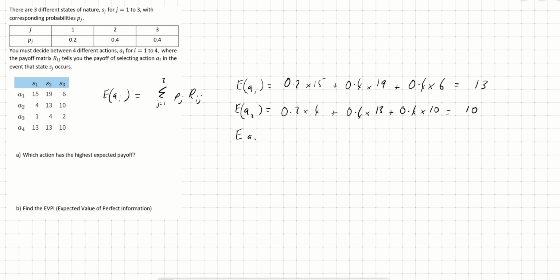Keep going for expected value of action 3. 0.2 times 1 plus 0.4 times 4 plus 0.4 times 2, and that is 2.6, I believe.